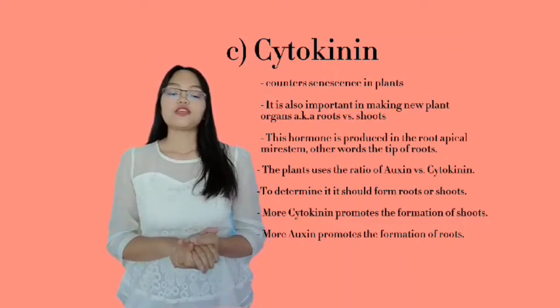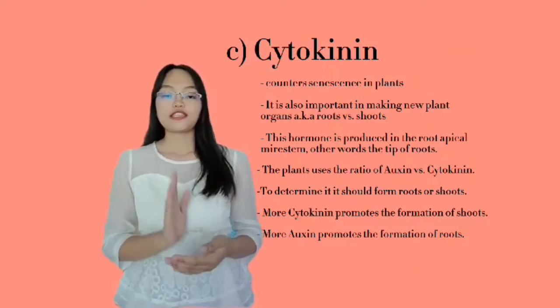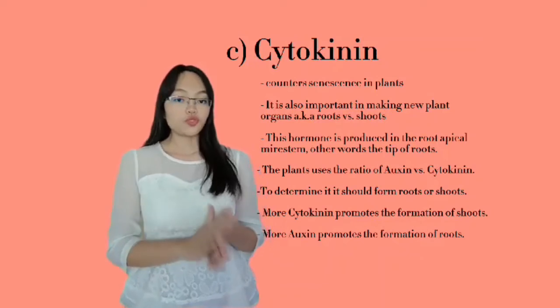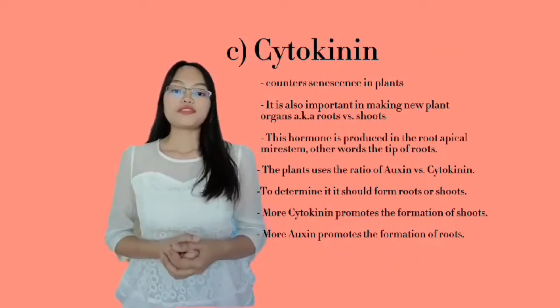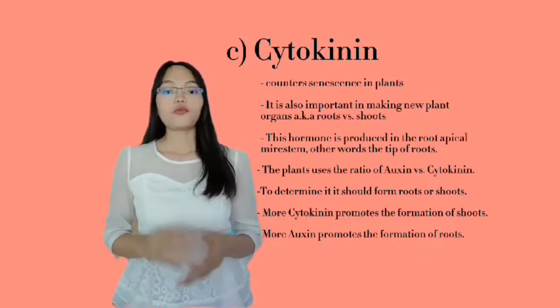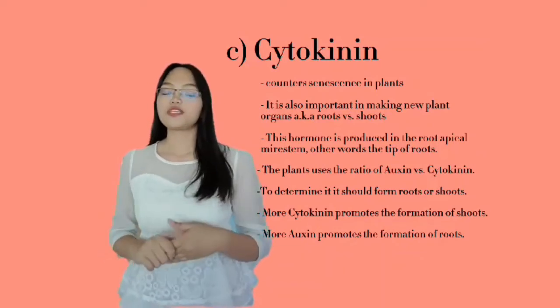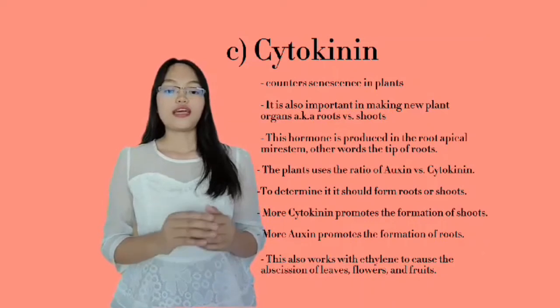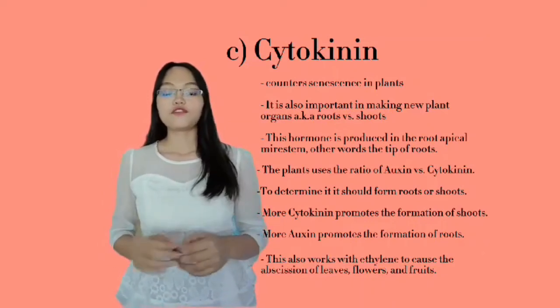The plant uses the ratio of auxin versus cytokinin to determine if it should form roots or shoots. More auxin promotes the formation of roots. More cytokinin promotes the formation of shoots. This also works with ethylene to cause the abscission of leaves, flowers, and fruits.